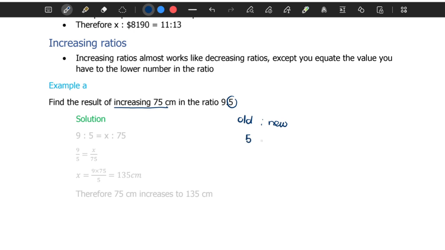So 5 is then the old. So 5 is to 9, or maybe let me keep it in the same order as in the question. So we have new is to old, because new is now the higher. 9 is to 5 is equal to new is to old.